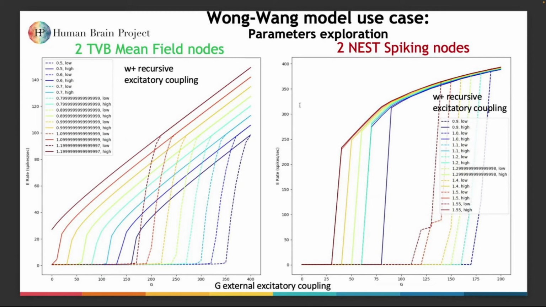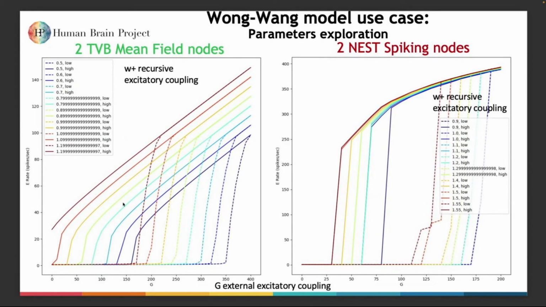The paper, in other words, that derived the mean field representation, the average representation of the dynamics of the spiking network. And what I'm doing here is I'm creating a bifurcation diagram for each of the two networks of the average firing rate activity of the excitatory population, depending on two parameters: the self-excitation of the excitatory coupling, this W plus, and the coupling strength between the two nodes, the two regions.